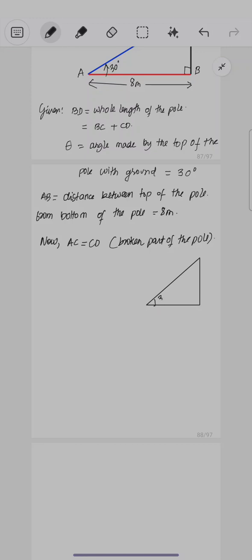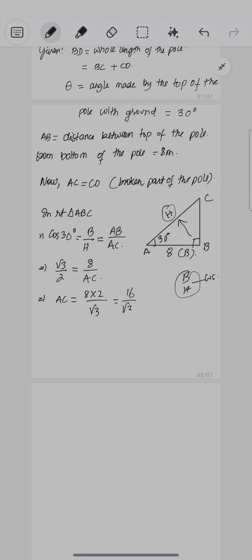Now the triangle with 30 degrees, 8, A, B, C. AC is the hypotenuse, and AB is the base. So the relationship between base and hypotenuse is cos.